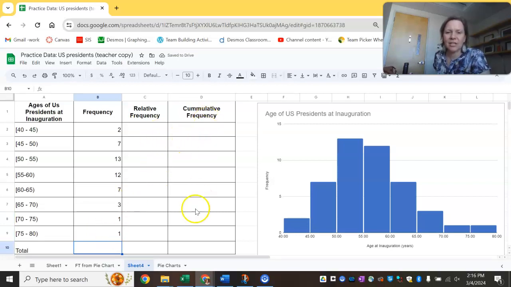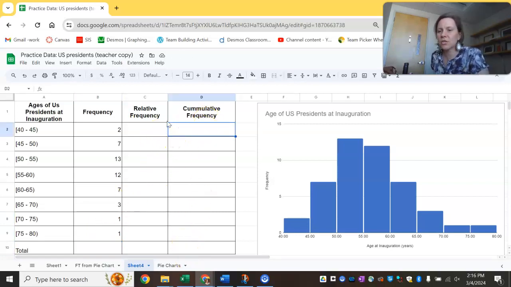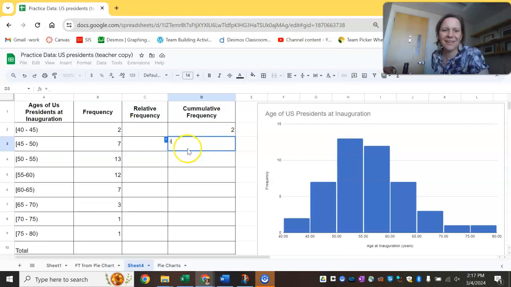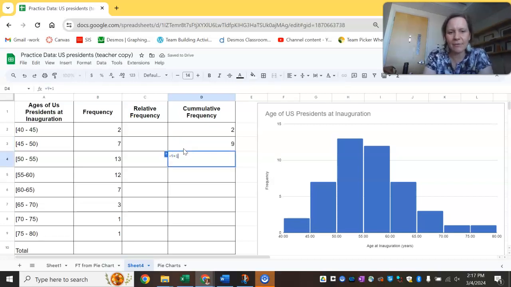But I'm actually going to check it in the cumulative frequency column, because the cumulative frequency is like the relative frequency, in that we're totaling to check our frequency table, but we're totaling the frequency column. So this time we start with 2 here, and then the next row would be 2 plus 7, always fun when you're on a computer, which is 9. And then I'm going to take that 9 and add 13 to it because that's the amount in the next row.